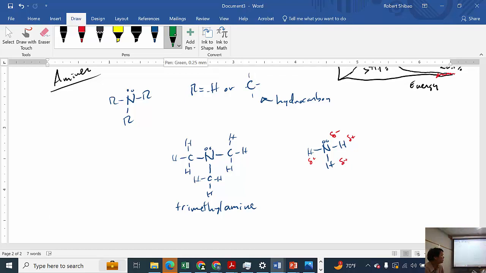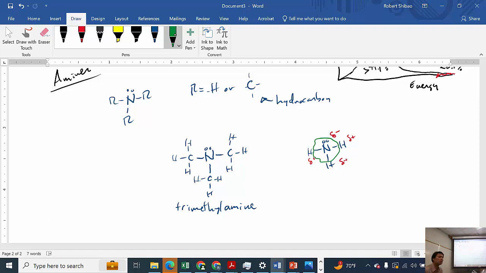So nitrogen versus hydrogen, which one's more electronegative? Nitrogen, winner takes all. So nitrogen is going to take all the electrons. If nitrogen takes all the electrons, how many electrons does it end up with? 8. So nitrogen ends up with 8.